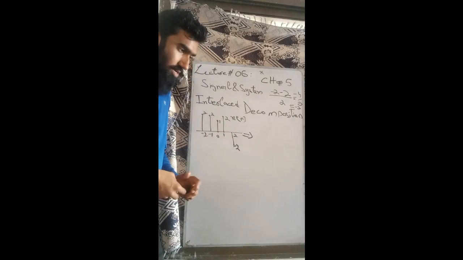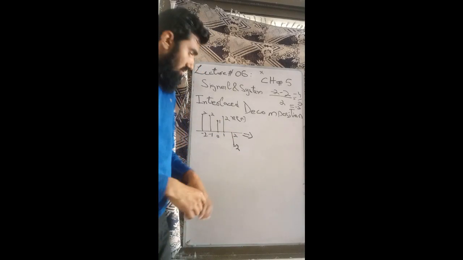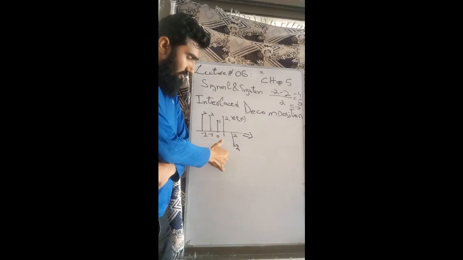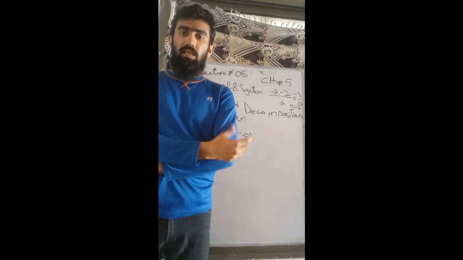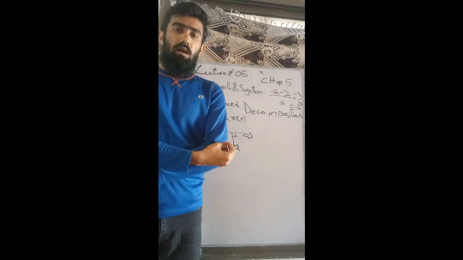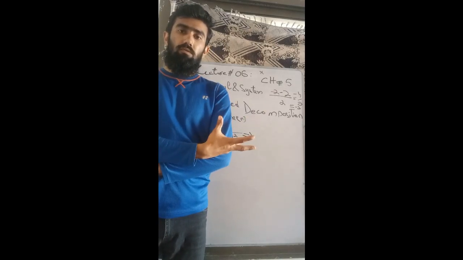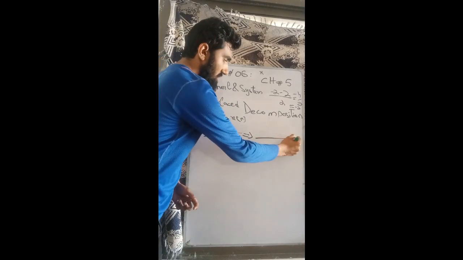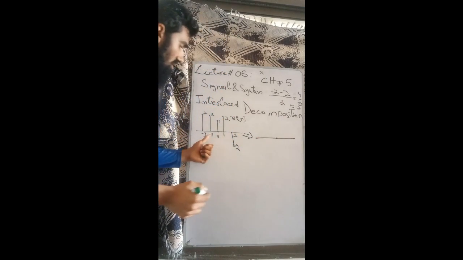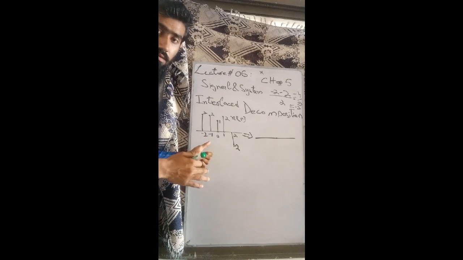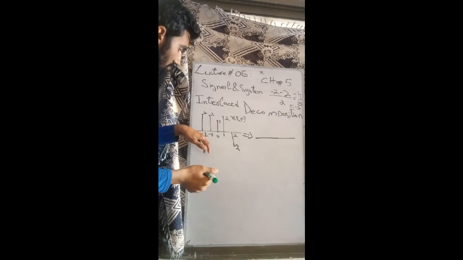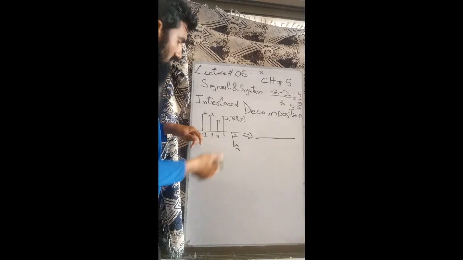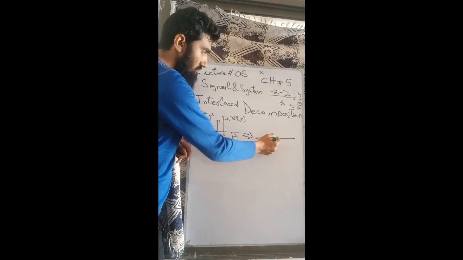In interlaced decomposition, first we are supposing that at even indexes we have zero value. So at -2 it is even, here it is 0, we will not consider this value.